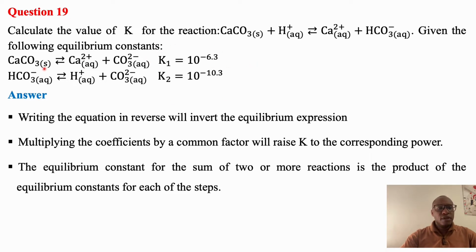For example, if you do the addition of this one and this one, then the final reaction that you will see, its equilibrium constant will be equal to K1 times K2.